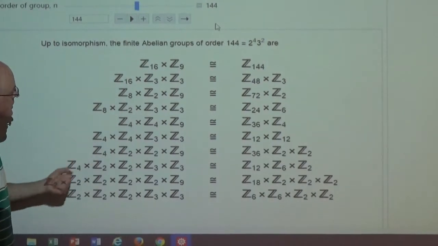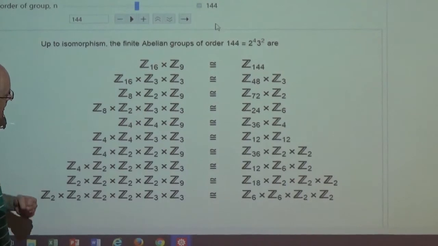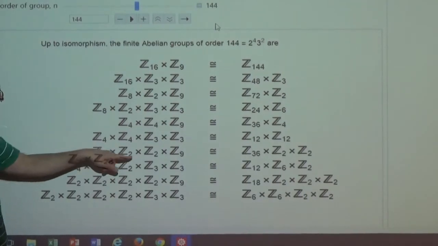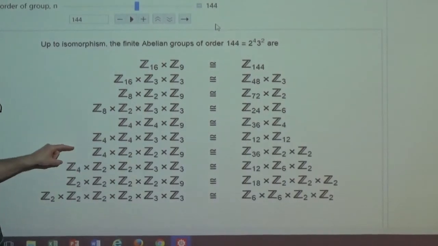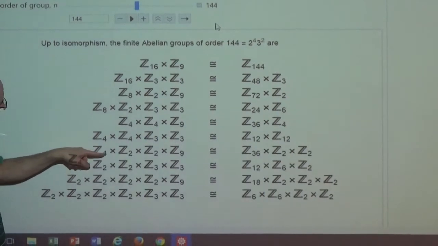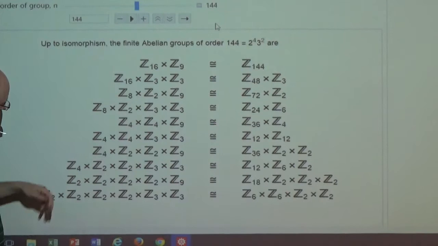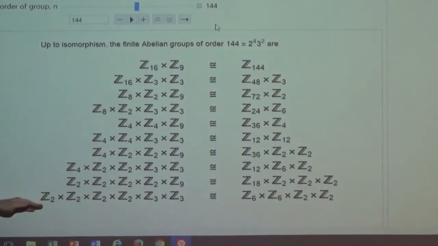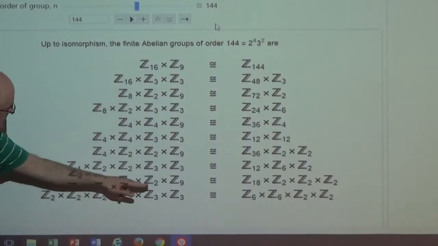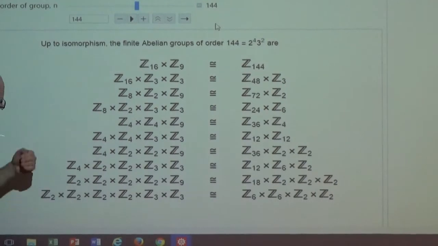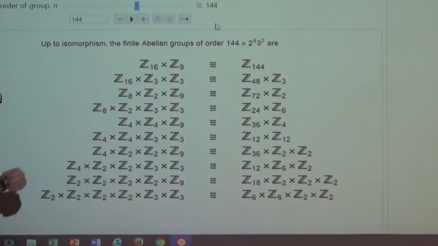The exponents are 2 and 2. 2 plus 2 is another partition of 4. Here we have 4, 2, and 2 in 2 spots. The powers are 2, 1, and 1. 2 plus 1 plus 1 is another partition of 4. And finally, you have 2 of these where you've got 2, 2, 2, and 2. The exponents are 1, 1, 1, and 1. 1 plus 1 plus 1 plus 1 is another partition of 4.